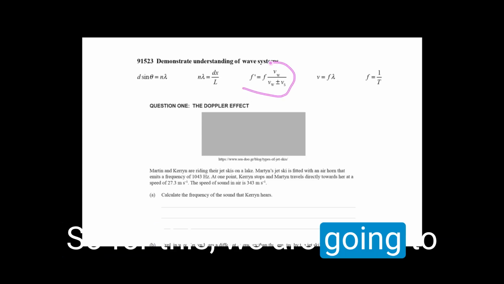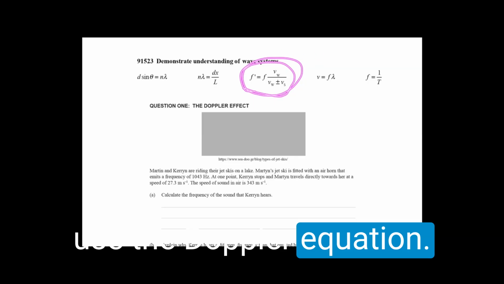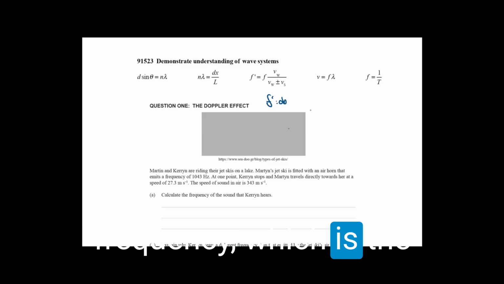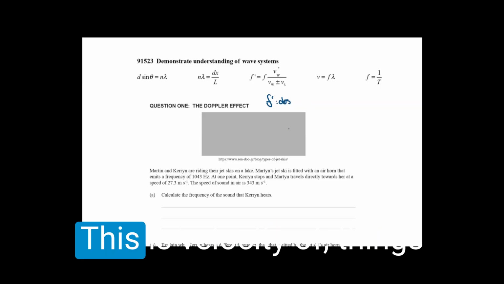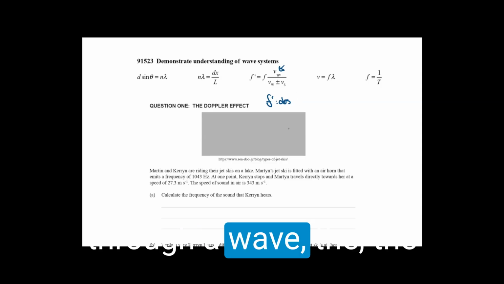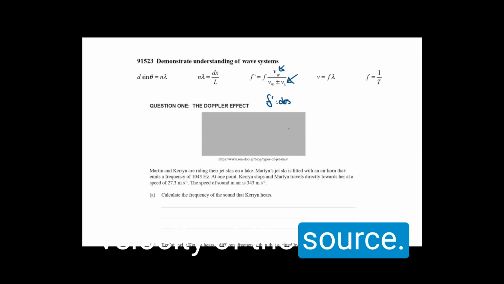So for this, we're going to use the Doppler equation. So the Doppler equation is, let's explain it. So F dash is the observed frequency, which is the one that we're looking for. This is the velocity of the wave through the medium, and this is the velocity of the source.